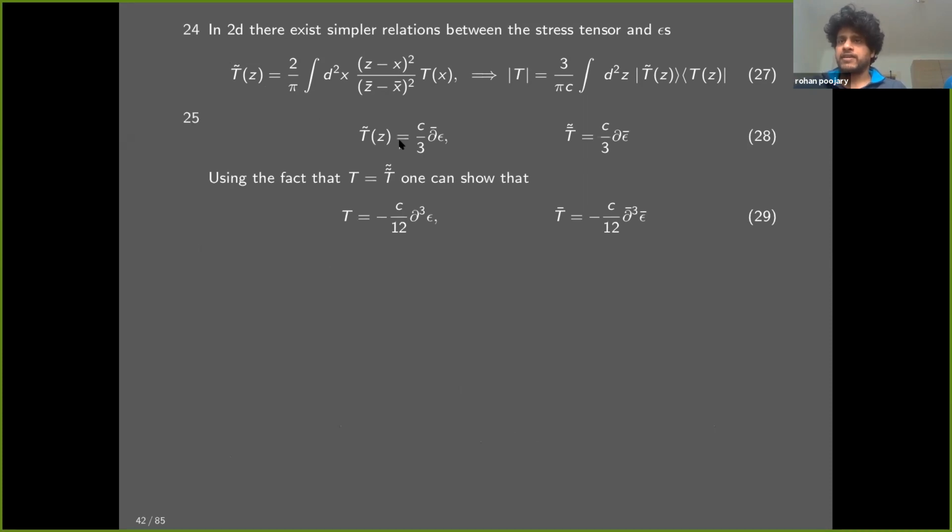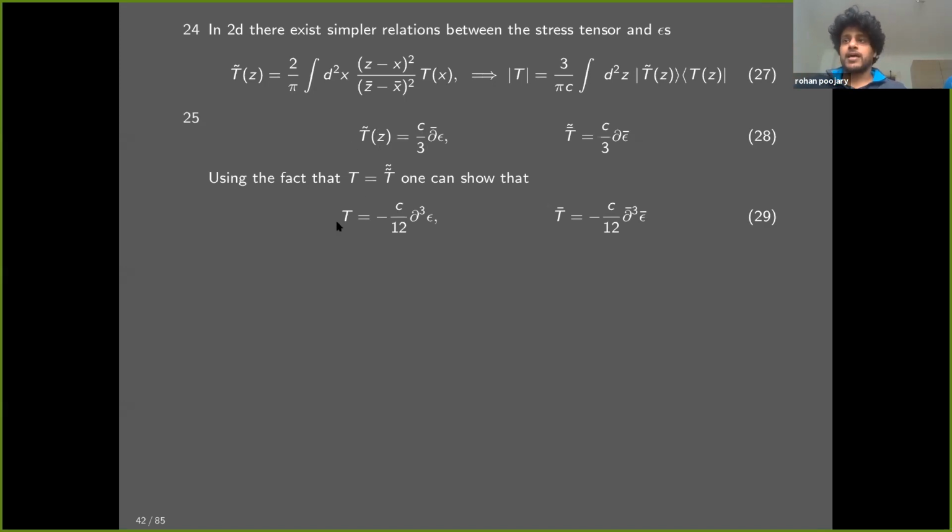And there's a straightforward relationship between t tilde and epsilon, of course. There's a derivative involved, and we have written everything in z bar coordinates. So t tilde is basically c times del bar of epsilon. Okay, there's also, this is the holomorphic part, there's also the anti-holomorphic part. The important point to note here is that you need to have z bar dependence, otherwise you cannot define the shadow. Okay, this is something important.